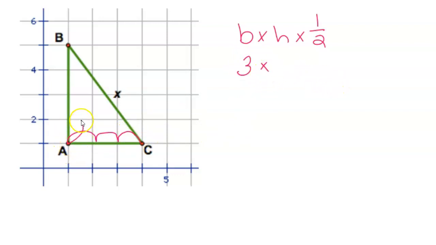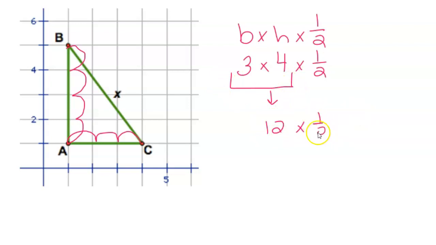How tall is it? 1, 2, 3, 4 squares tall, times 1/2. Let's do the 3 times 4 first. That is 12. And then remember, a triangle is like half a sandwich, so we're going to have to cut that in half. Then that should be your final answer.